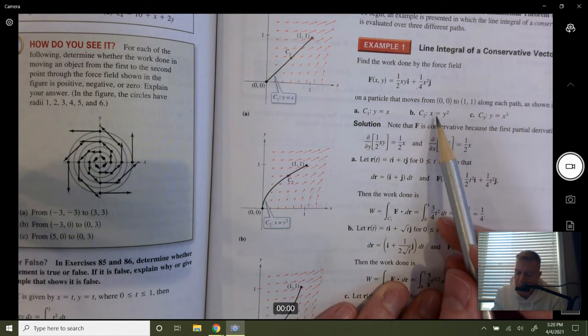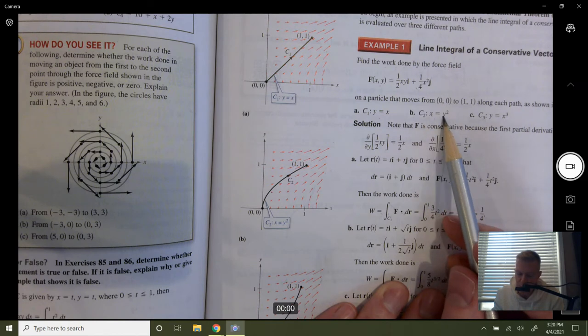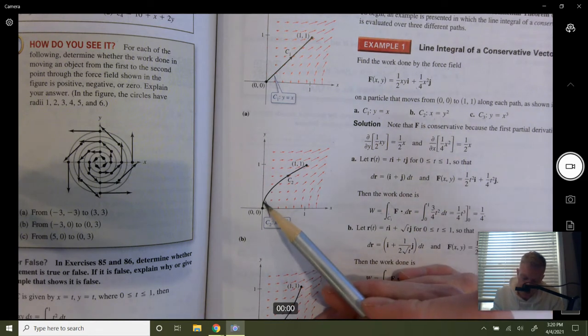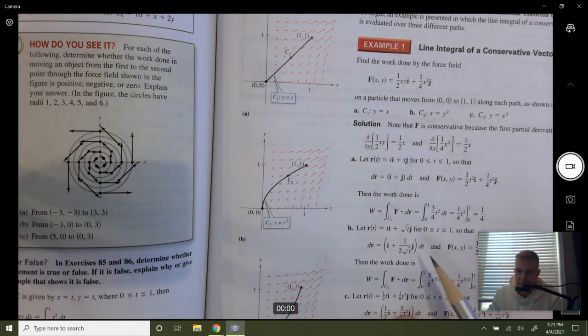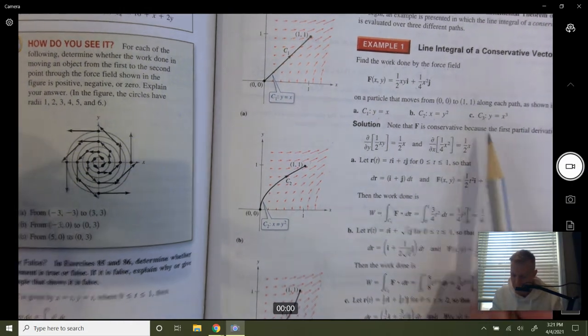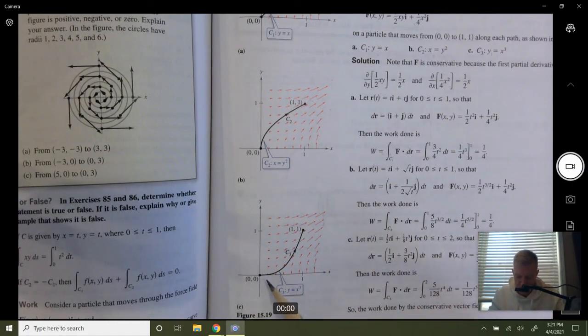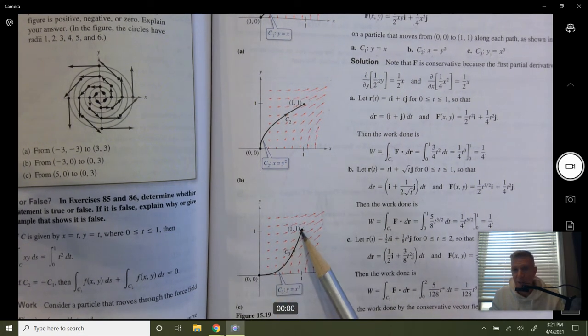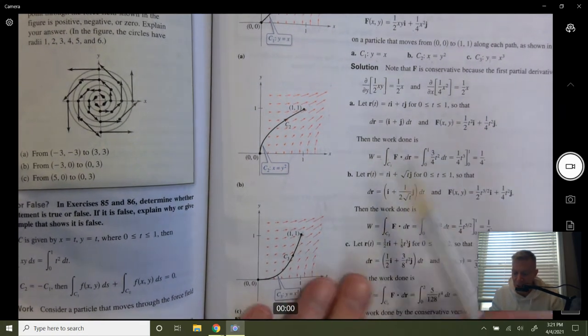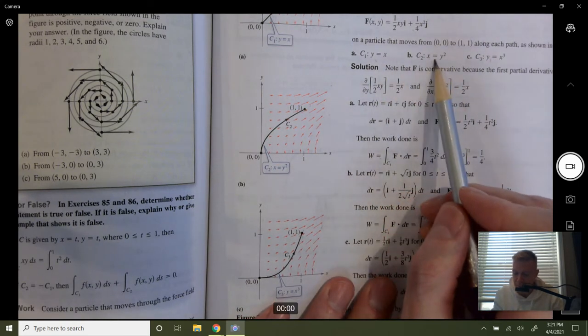Path 2 is along the curve x equals y squared. So that's going from here to here along a different curve. And then the last one along y equals x cubed. So along this cubic function, but still from 0, 0 to 1, 1. And what you can see is that you have to reparametrize your curve for each of these different paths.